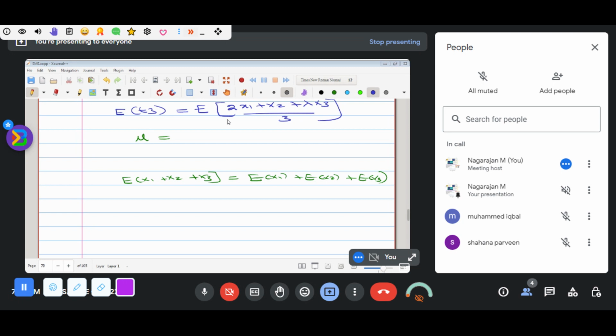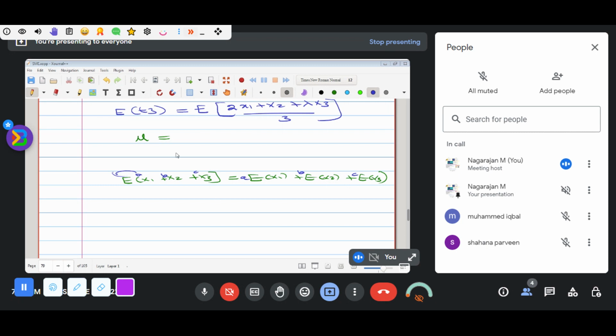Separately you can write the expected value. These are constants; suppose A x1, meaning you take A outside. Suppose B is there, you take B outside. C is there, you also take the constant outside. This is a basic rule, therefore I am taking all terms outside.